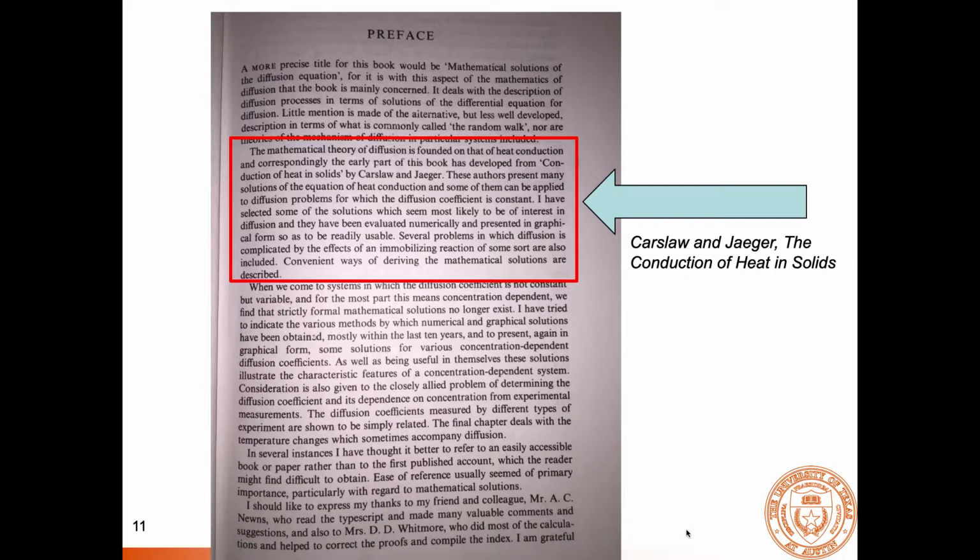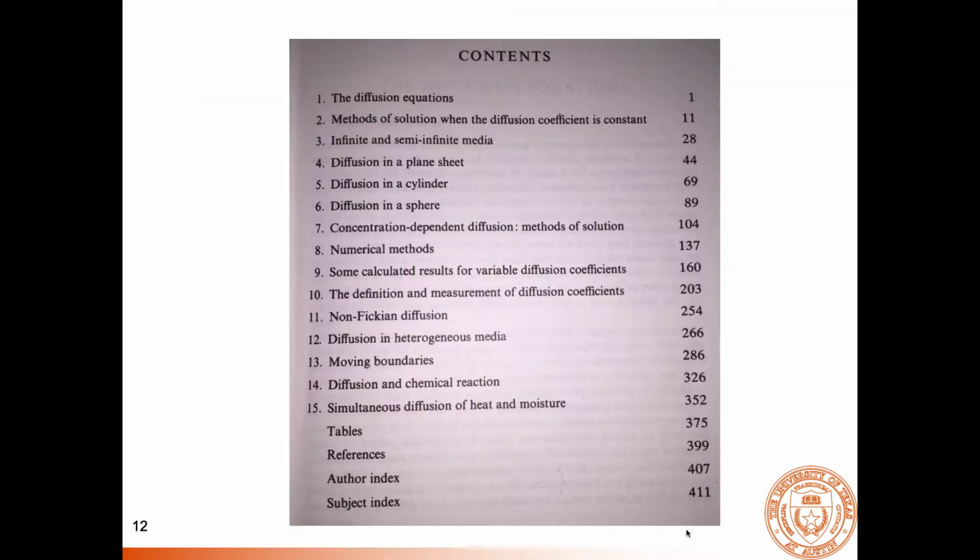And you'll recall that Fick, in his original studies in this area, postulated the law of mass transfer based on analogy with Fourier's law of heat conduction. And so it shouldn't be a surprise that when you come to analyze problems later, there's a very close connection between solutions to heat transfer problems and solutions to corresponding mass transfer problems.